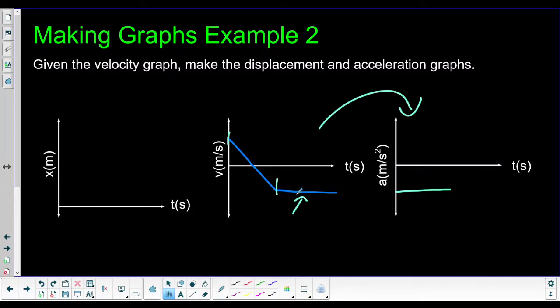The slope here, though, our rise over run, we aren't rising or falling at all. So the slope is 0. That means our acceleration is going to come up here and be on the time axis. You can put a little dotted line to indicate the jump there if it makes you feel better. But notice, you can be moving with an acceleration of 0.